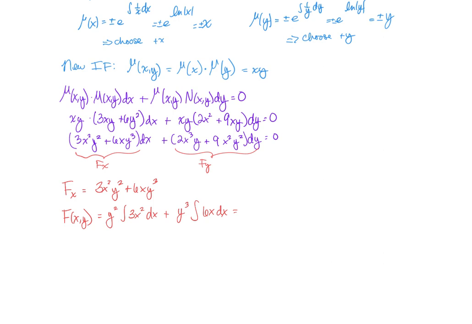So if I simplify this, I get y squared times x cubed plus y cubed times 3x squared, and then some phi of y that could have been here. So we end up with x cubed y squared plus 3x squared y cubed plus phi of y.